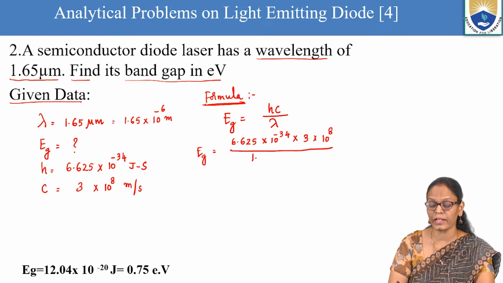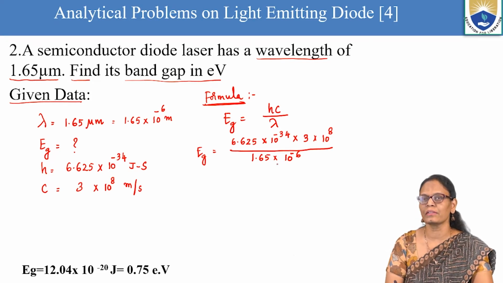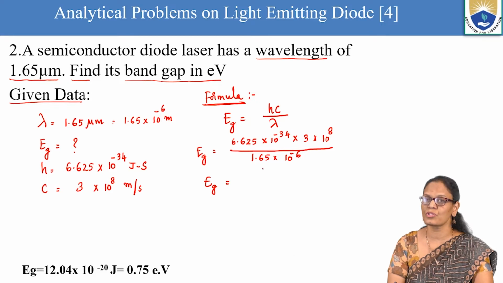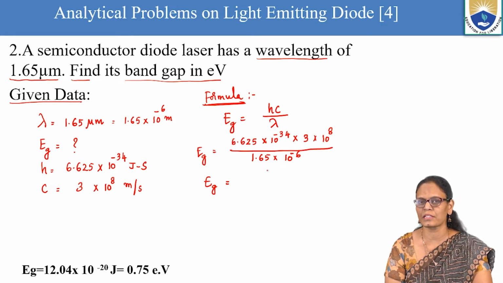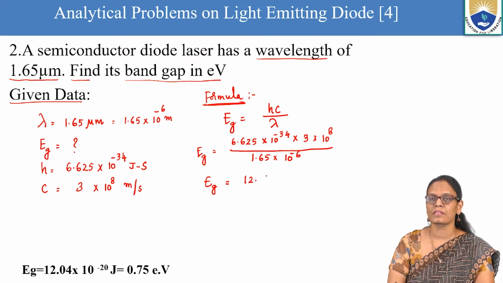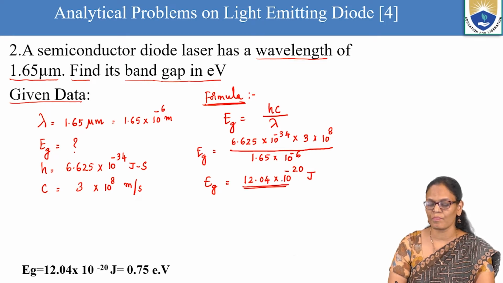We have converted it into meter, so 1.65 into 10 power minus 6. So hc by lambda gives the value of energy in joules because in SI system we get it in joules. When you use the scientific calculator and simplify it, you get 12.04 into 10 power minus 20 joules.